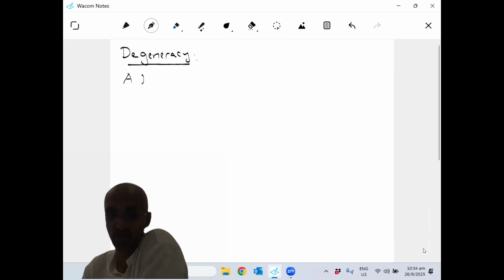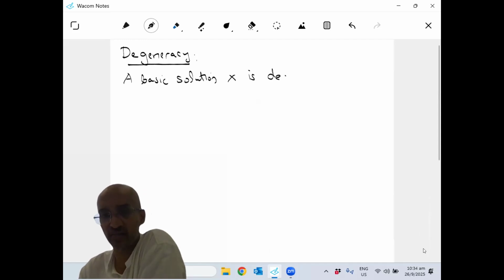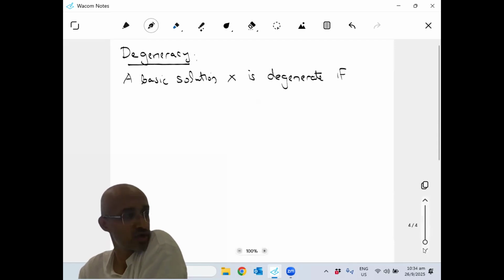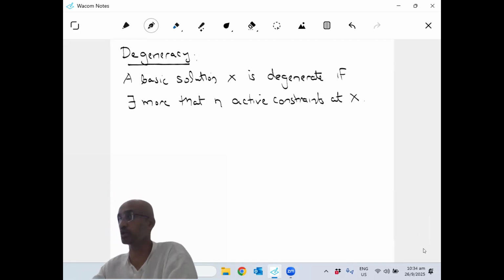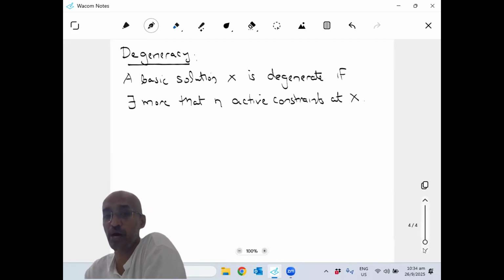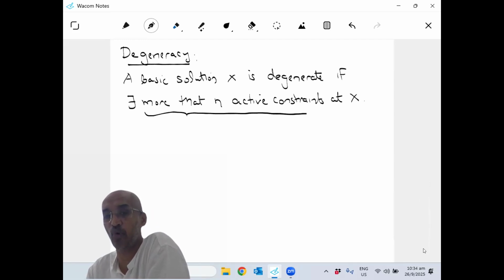Degeneracy says a basic solution X is degenerate. This is a definition. If there exist more than n active constraints at X. I'll show you an example very soon. But essentially, if you have more than n active constraints at a point, that's called a degenerate solution. So what's a degenerate basic feasible solution?